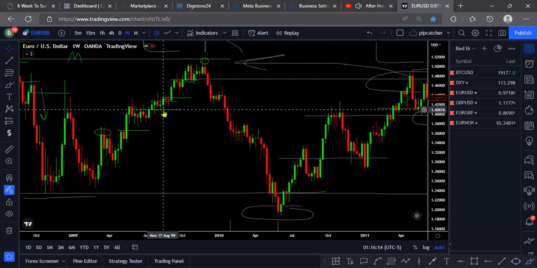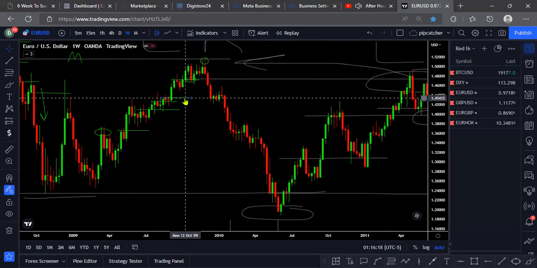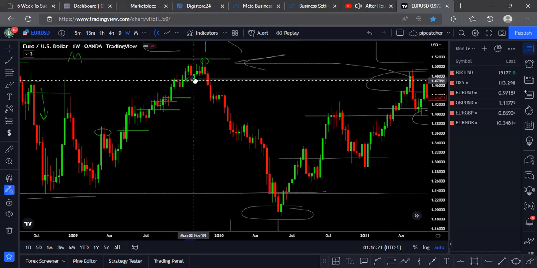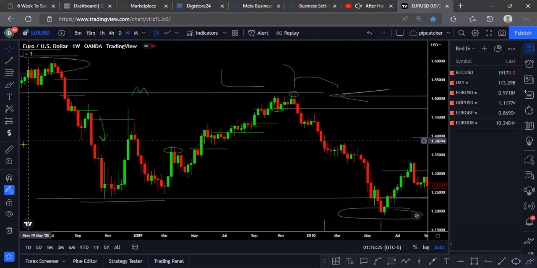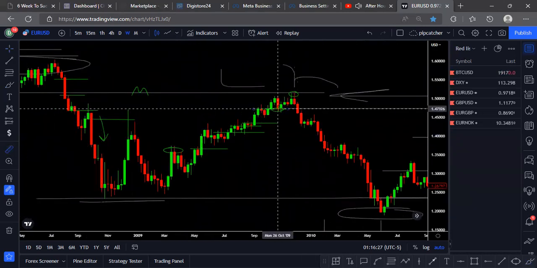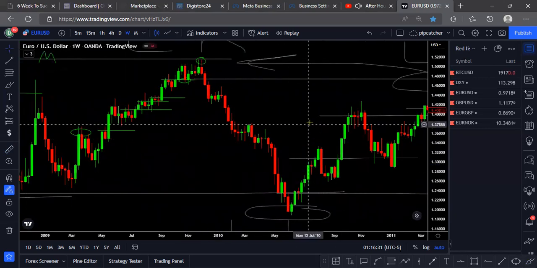So the only setups were here, here. Price didn't come back down all the way on this one. And then you could have been a buyer in that market here, which would have given you max 438 pips.